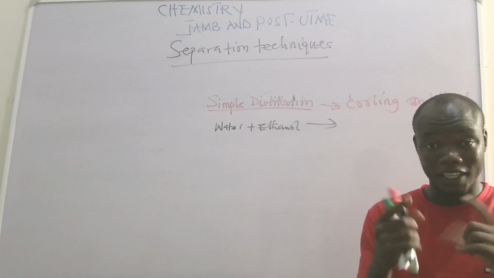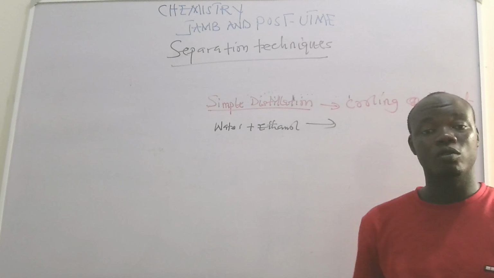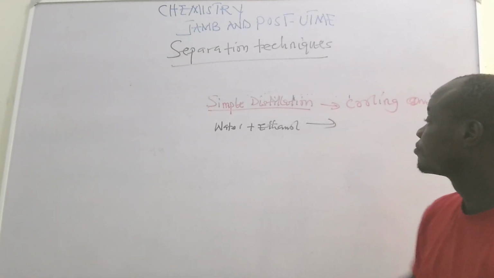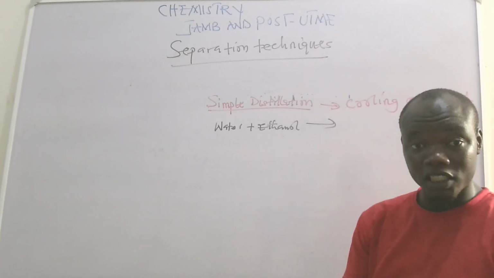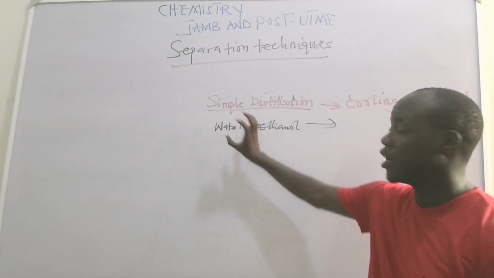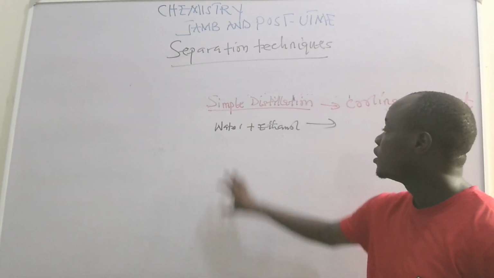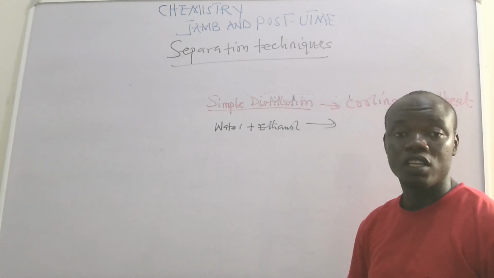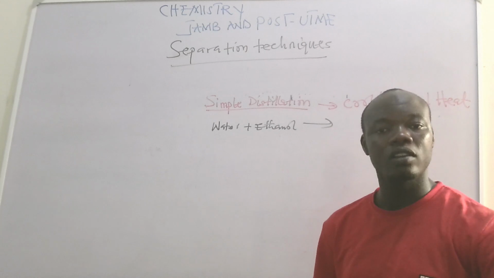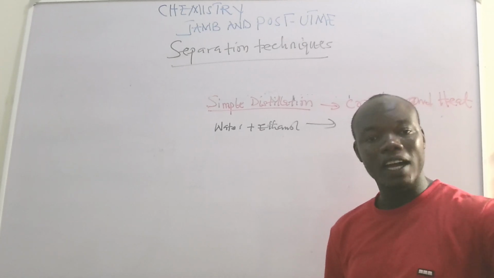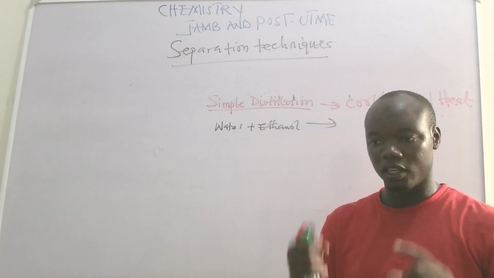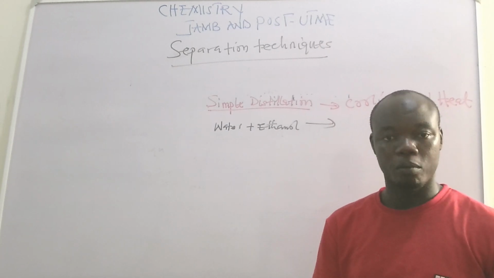You cannot clearly identify the components or tell which is which, because they can all mix together, since they are close in terms of density. So once they mix together, they will give you what we call a miscible liquid. If you have ethanol or alcohol and you add it to water, you cannot identify the components.